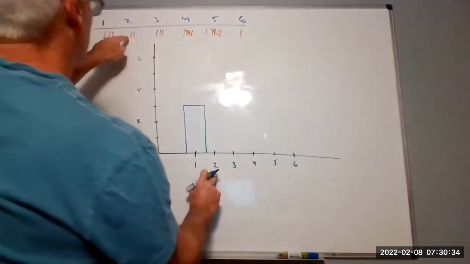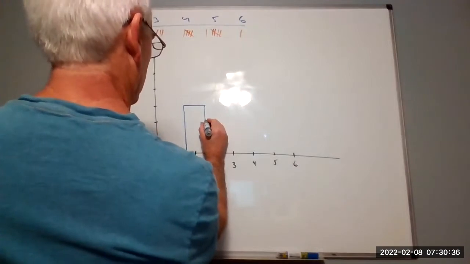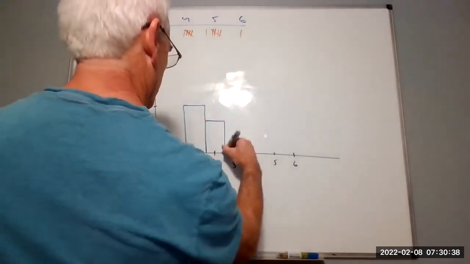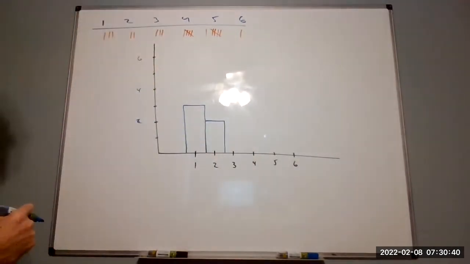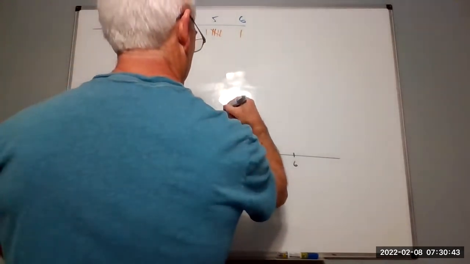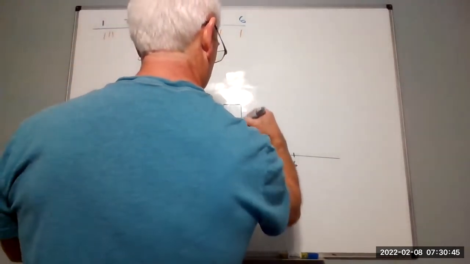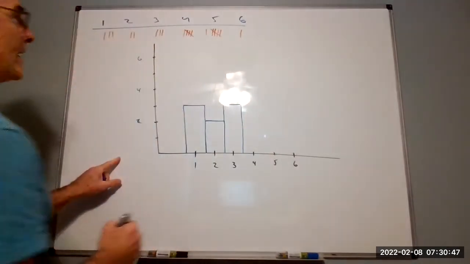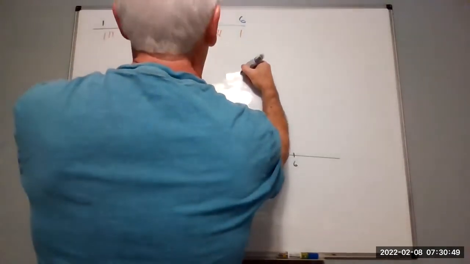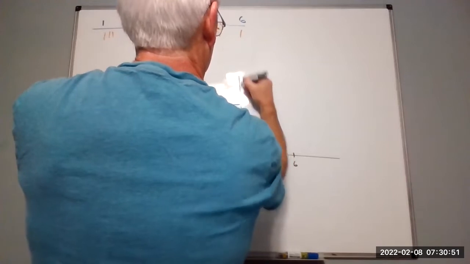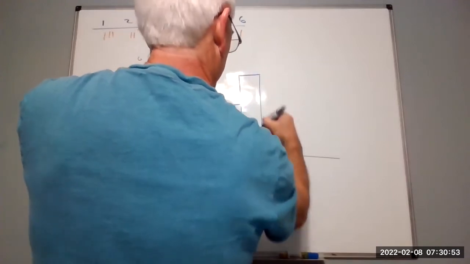Now, the number 2 happened 2 times. The number 3 happened 3 times. The number 4 happened 5 times. Again, graph paper is the best way to do this.